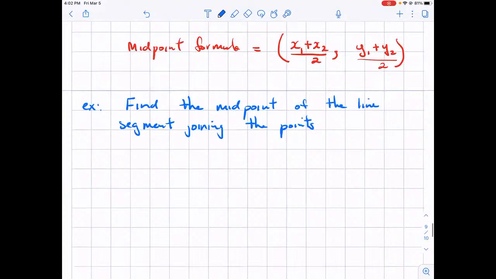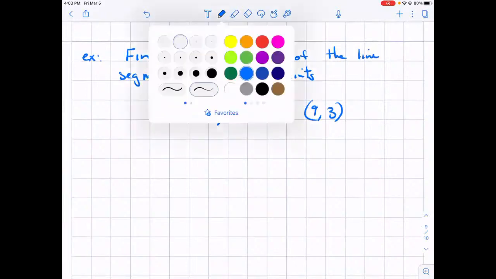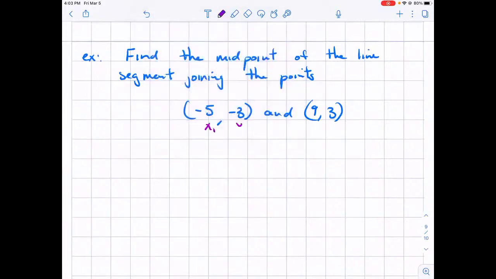And let's say the points that I have are -5, -3, and 9, 3. So what we're going to do, we're going to call this x1, y1, and x2, y2.